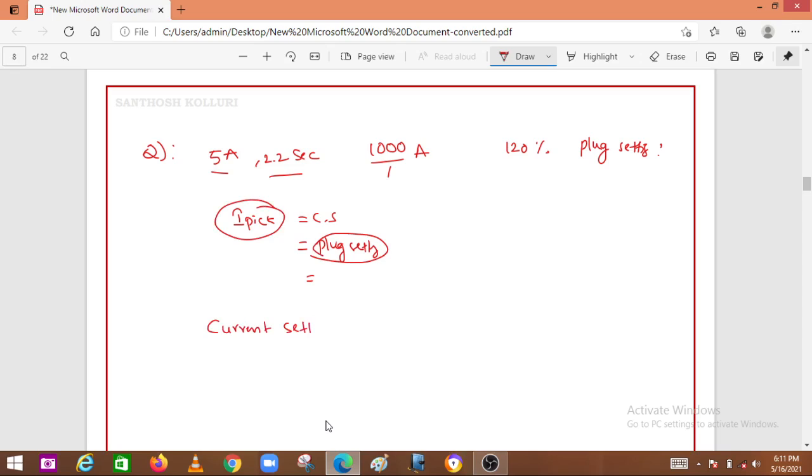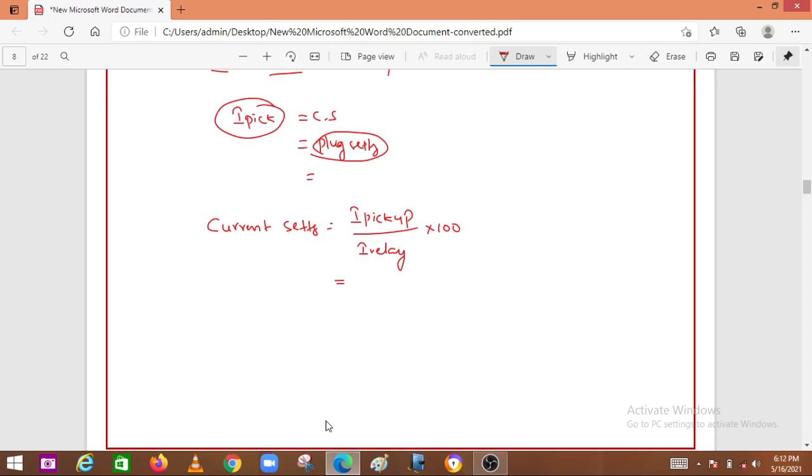Current setting is equal to I pickup current divided by I relay current into 100. Current setting is given as 120%, I wanted to calculate pickup current, and relay current is given as 5 amperes. Therefore the pickup current is 6 amperes.